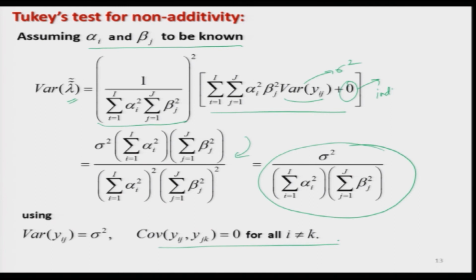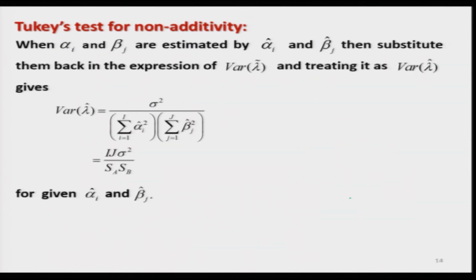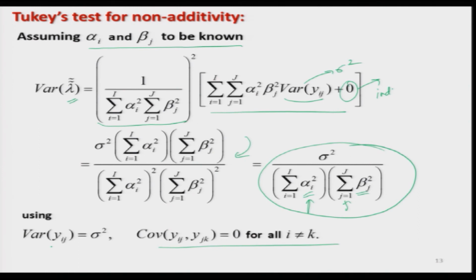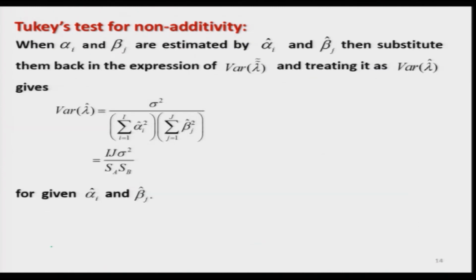Now, if you want to use the same methodology again, where you obtain the values of alpha i and beta j using the unbiased estimators externally, and then substitute them here, what will happen? Let us try to see. That is only a matter of symbols and notations for you.